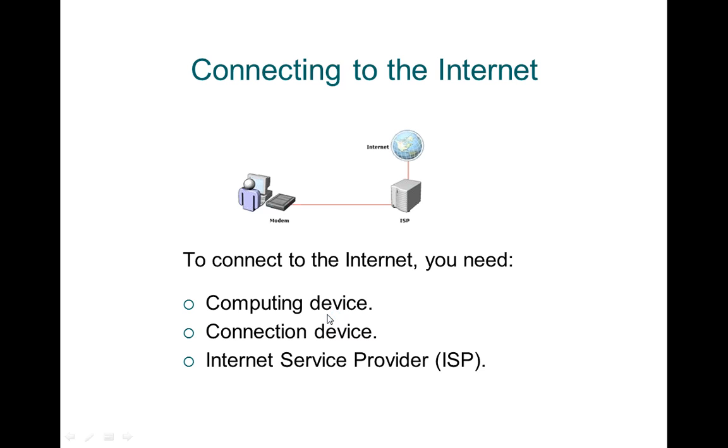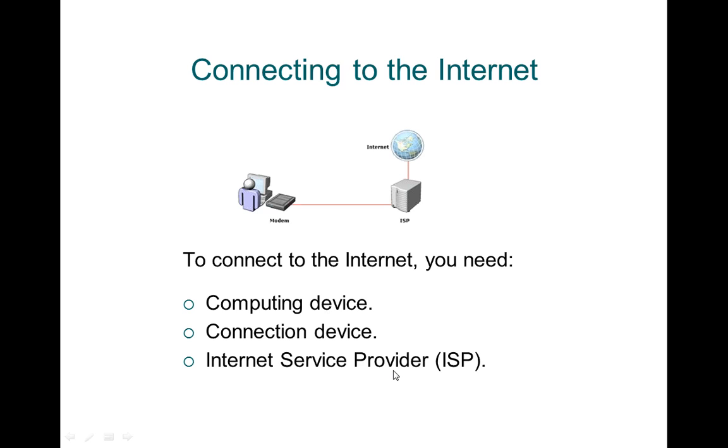Next one is the connection device. Suppose I am going to use the internet, so an internet connection is required for connecting to the internet. This is a very mandatory condition. We need the connection device. Then there is also a need for the ISP, Internet Service Provider.